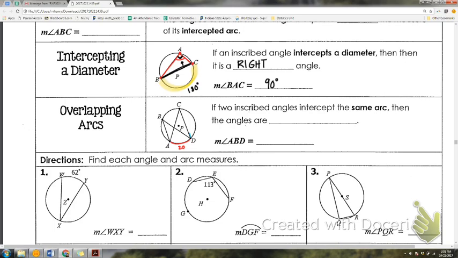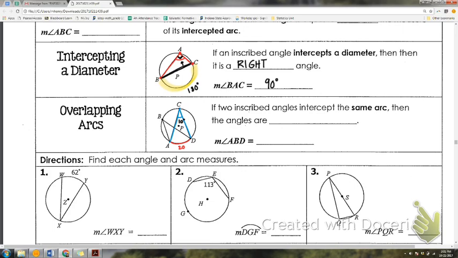Angle DCA opens up to 20. When I say opens up, it means if I take my marker and open it up this way and this way, I'm opening up to this 20 right here. So this angle is only 10 degrees because it's half of the arc.